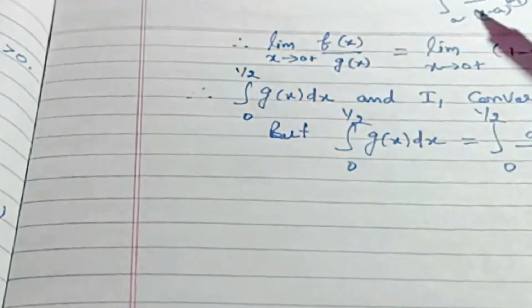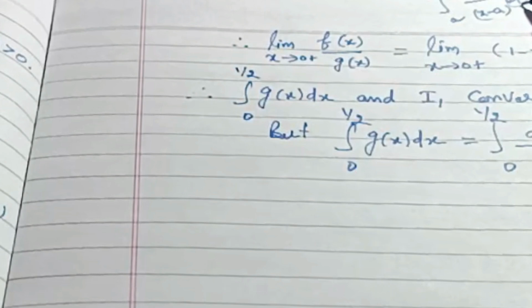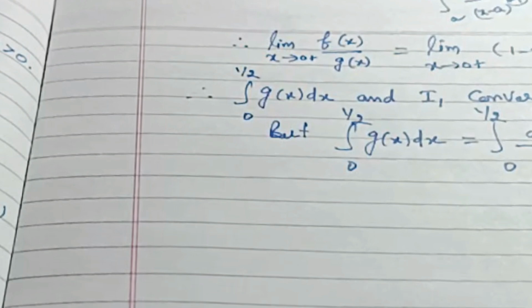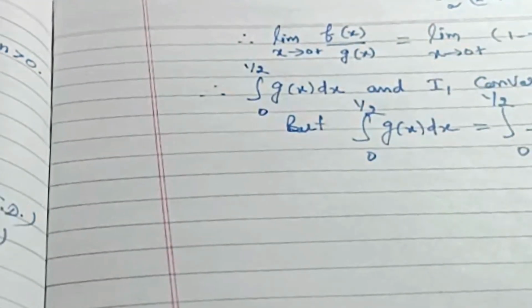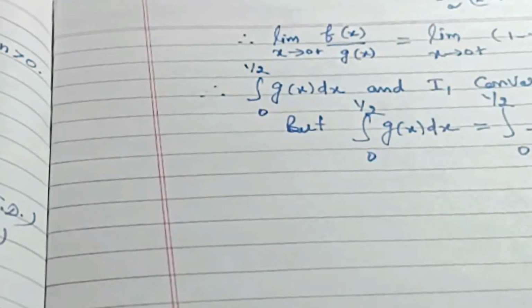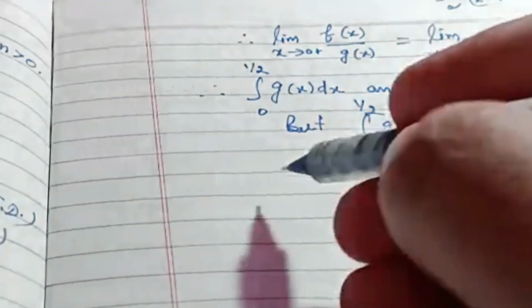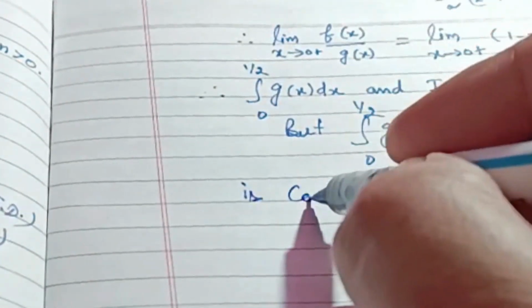Similarly, I discussed that the integral a to b of dx by (b minus x) to the power n is also convergent if n is less than 1. So we apply this result here. If a is 0, then it is convergent according to that result.